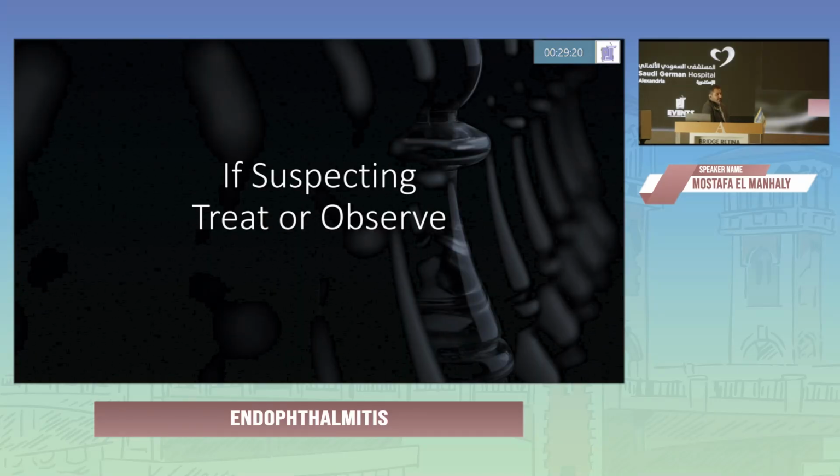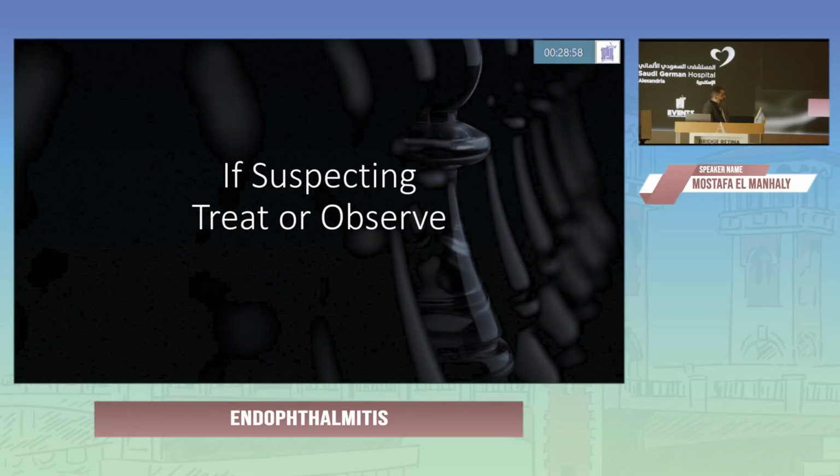So, Dr. Mohsen, again, if you are suspecting a case of endophthalmitis on the 3rd to 5th day postoperative, and there are no frank signs, no hypopyon, no pain, how would you proceed? I will treat and observe. I will observe the patient twice a day, or every 12 hours maximum, to take a decision.